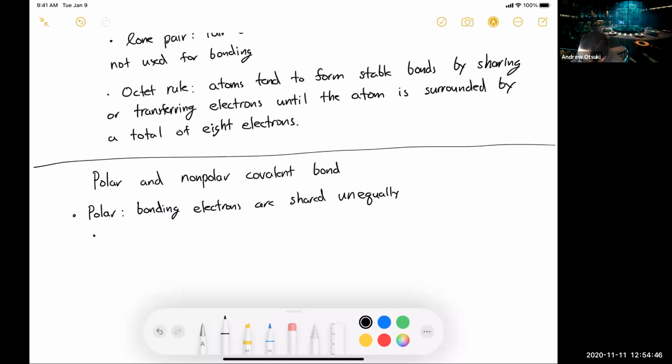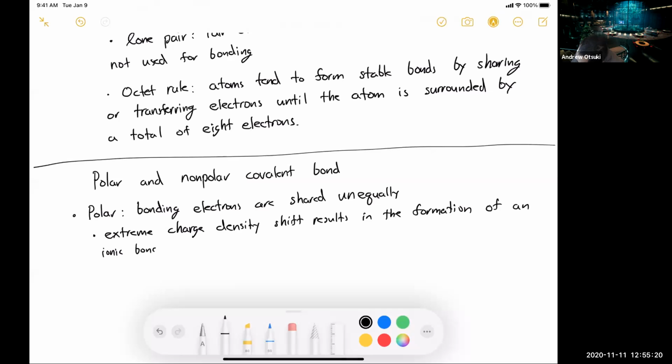We characterize this by extreme charge density shift, which results in the formation of an ionic bond. So polar covalent is kind of on that same scale as ionic.